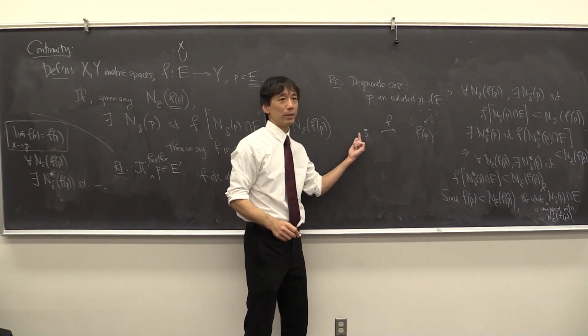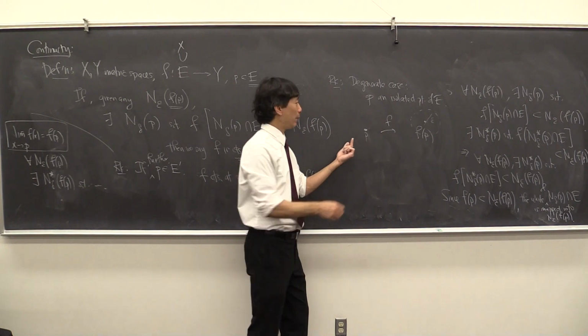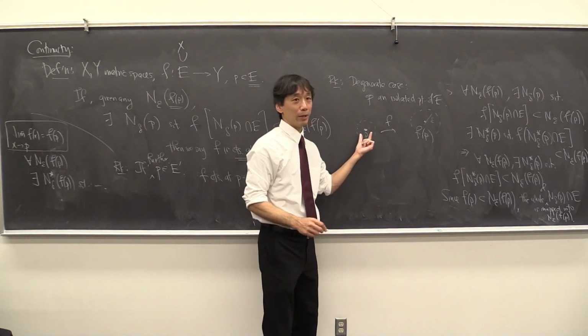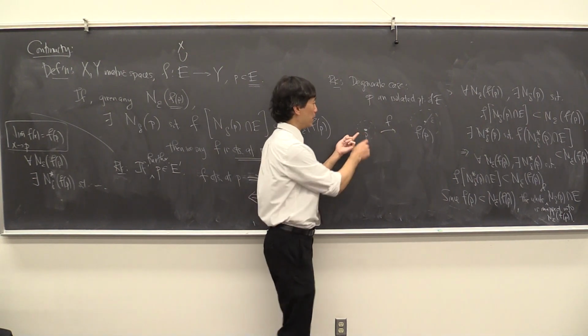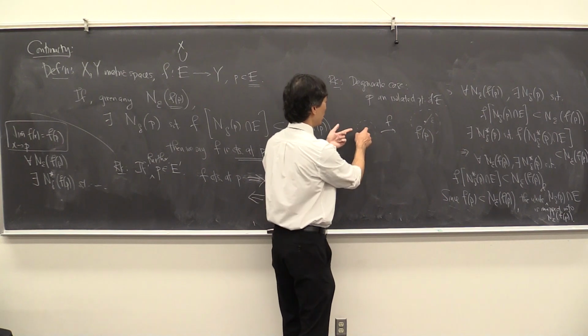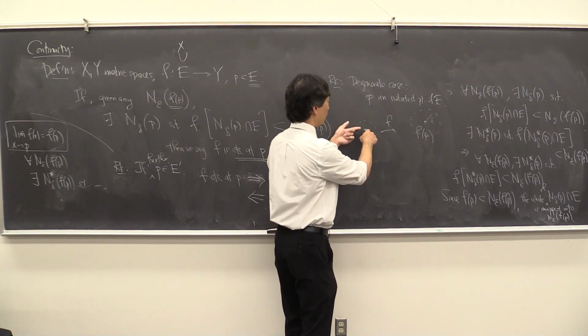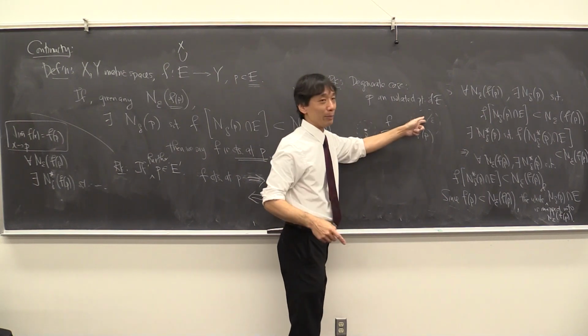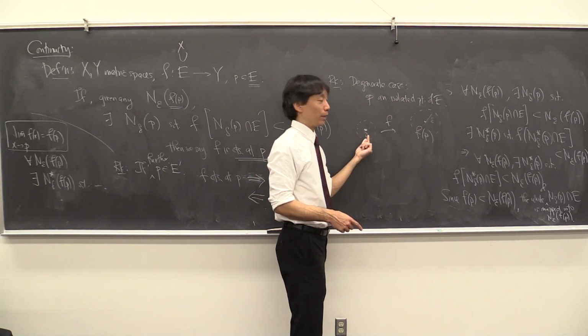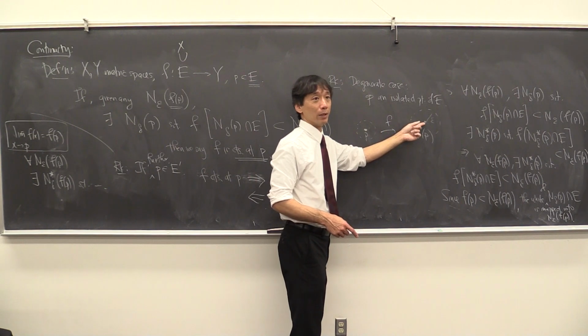Now, P is an isolated point, so that means you can find a neighborhood around it where there's nothing in E except for the center P. So in that case, this whole neighborhood definitely gets mapped inside there, because there's only one point of the domain in here, namely P, and that gets mapped to the center.